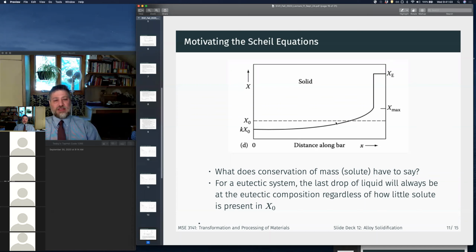We just need to maintain this mass balance, right? But if we have a eutectic in our phase diagram, we're going to go up until we hit the eutectic composition, and then the remaining is going to freeze out, right?